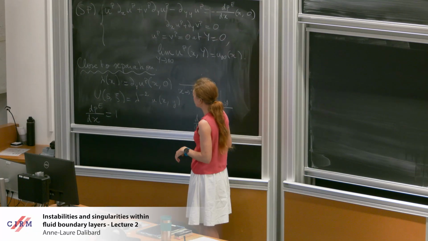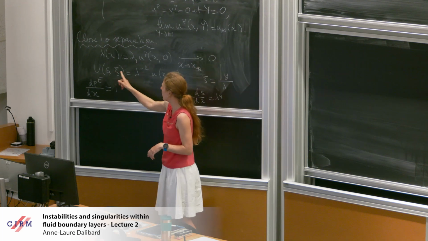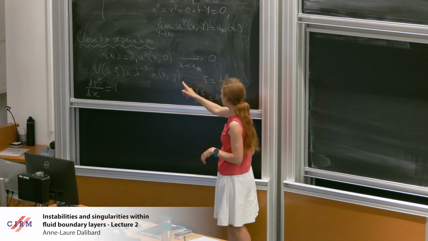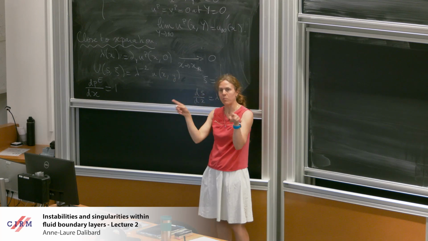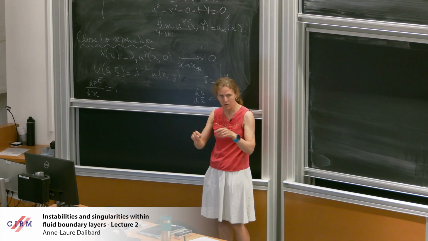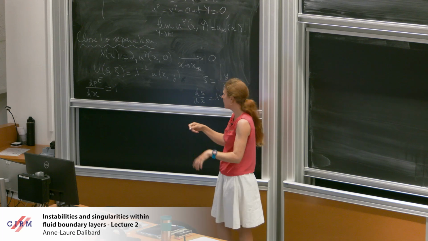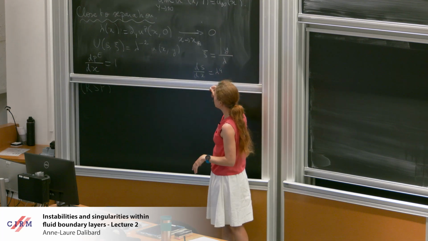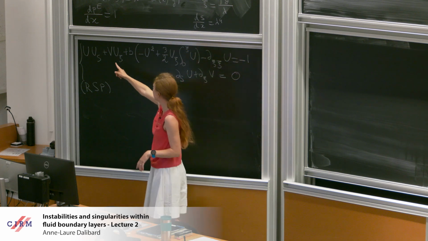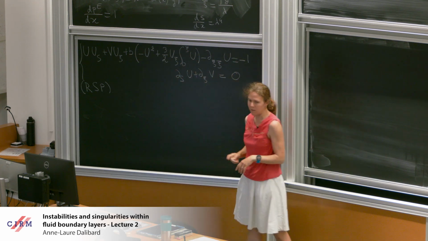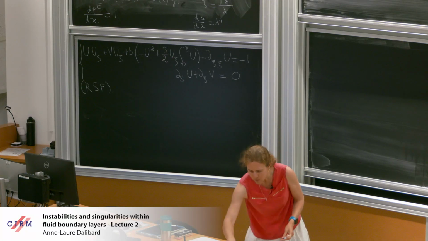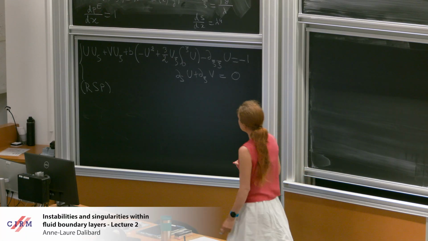And I'm using it as a dynamical scaling factor. And so I defined a rescaled tangential velocity, capital U, which is defined like this. So I rescale everything. I rescale both the tangential variable and the normal variable and the velocity. So I'm really zooming in. And the equation that I obtain for this rescaled quantity is the one that I wrote over there, at the end of the lecture yesterday. And so just to remind you, there are different types of terms.